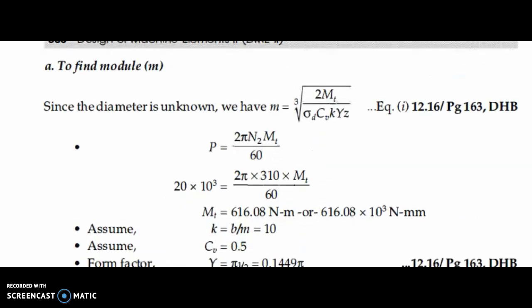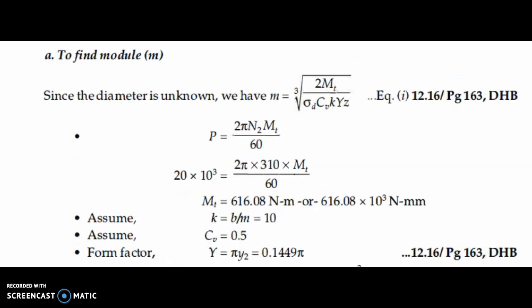Then in the next section we can find the module. So using this equation, m is equal to cube root of 2 Mt divided by sigma d Cv k y z, you can find the value of m. You can take that equation from your data book, but the equation for Mt is not given in our data book: P is equal to 2 pi N Mt divided by 60.